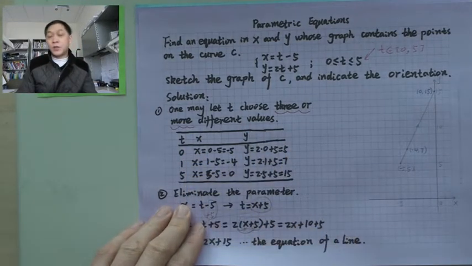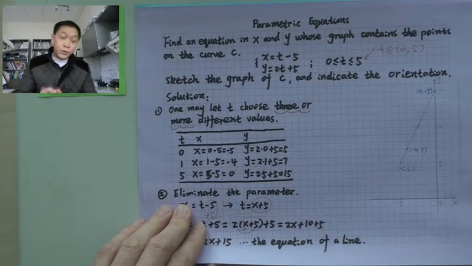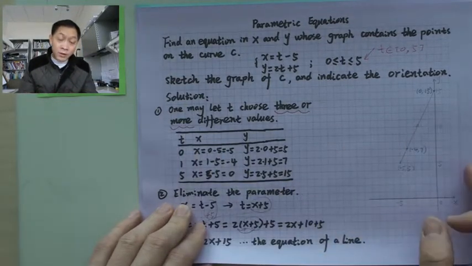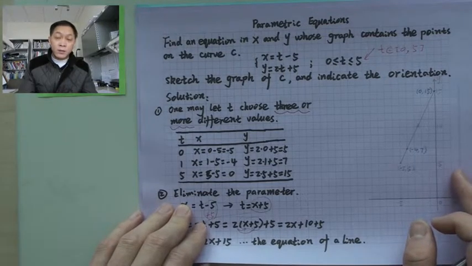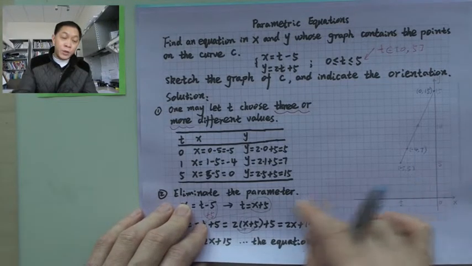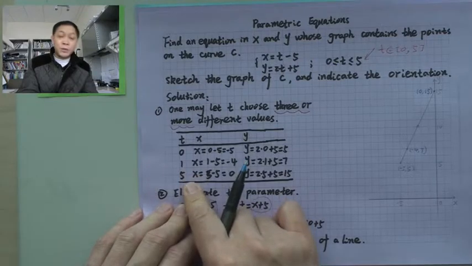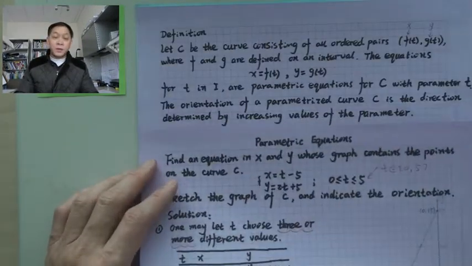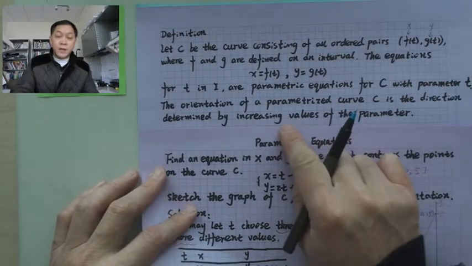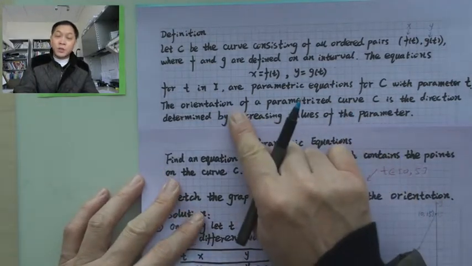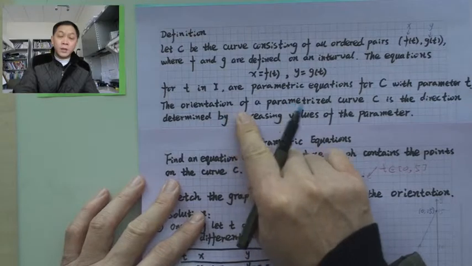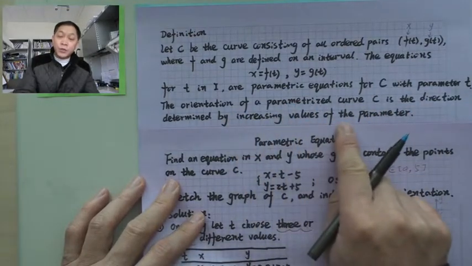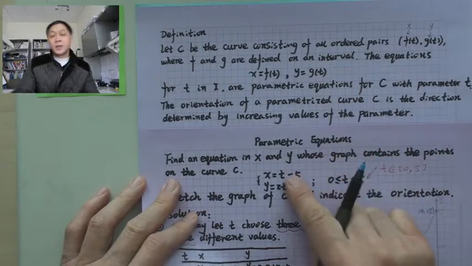Then you know the orientation. Don't choose from bigger t to smaller t, or you get the opposite direction. For the orientation, you always want to increase t from the smaller one to the bigger one. That's what it says: the orientation is determined by increasing values of the parameter t.